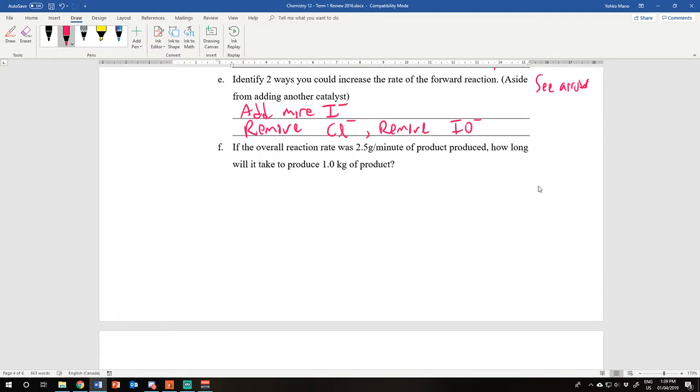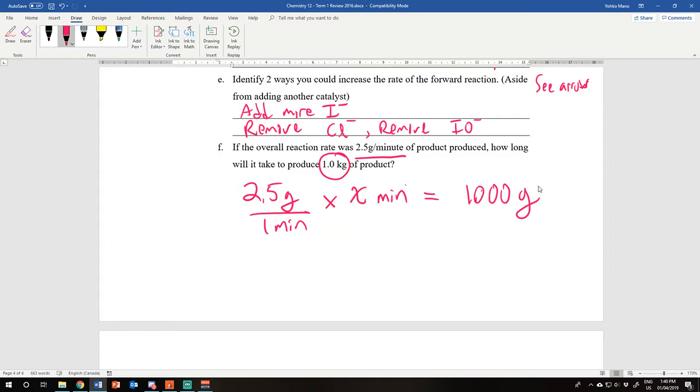F. So it's the same question. If the overall reaction rate was this per minute, how long will it take to produce 1 kilogram of product? This is almost, not quite elementary, but if you have 2.5 grams for every 1 minute, and we want to multiply this by some number of minutes to get 1 kilogram, which is, let's convert that to 1,000 grams, and call that X. Just simple algebra from here.